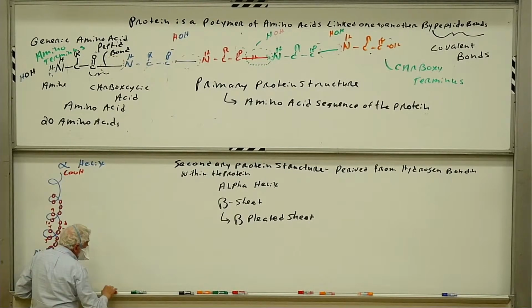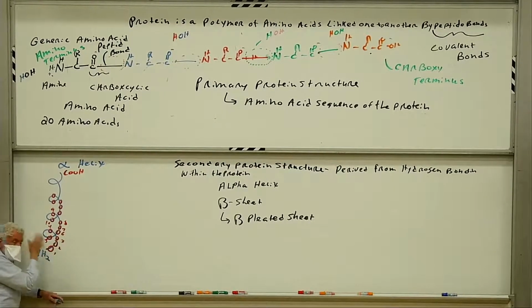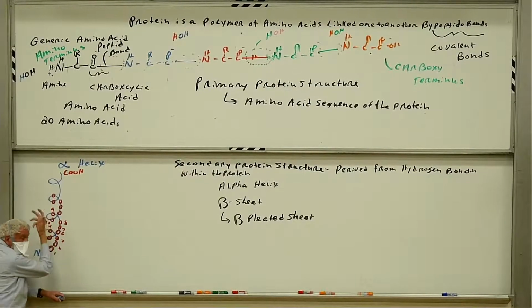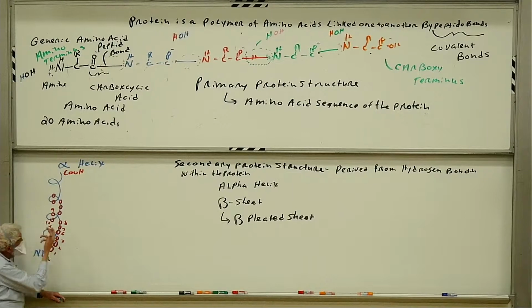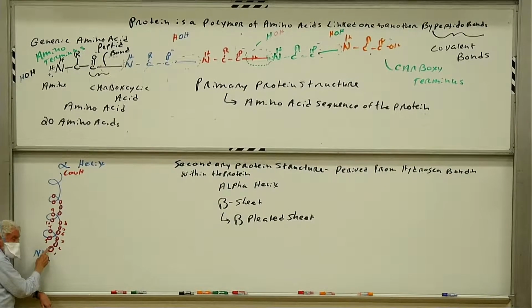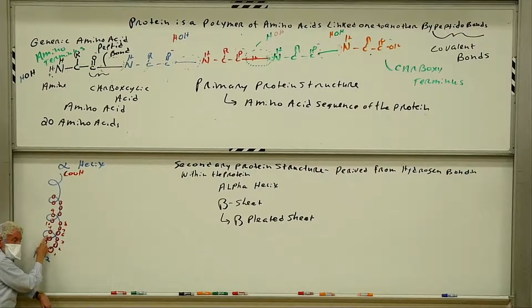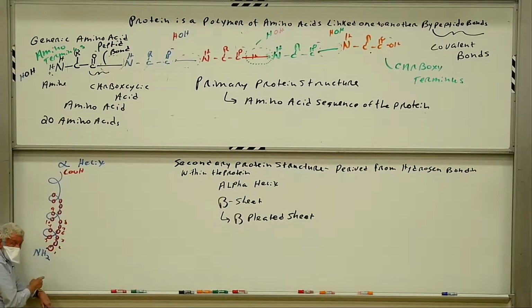Why this particular series of amino acids takes on this spiral or helical structure is because of the interaction between the negative charges on the oxygen of one amino acid and the amine on a neighboring amino acid. But it's not just next door.